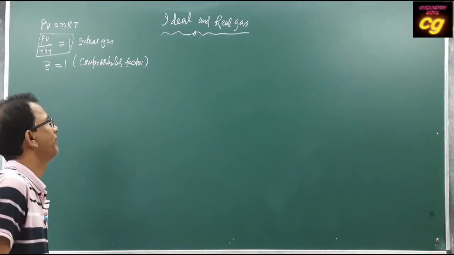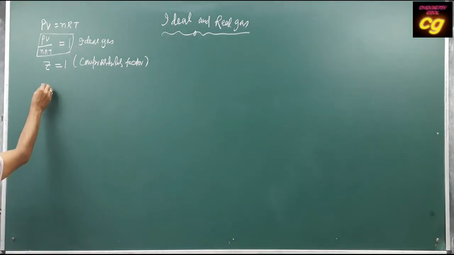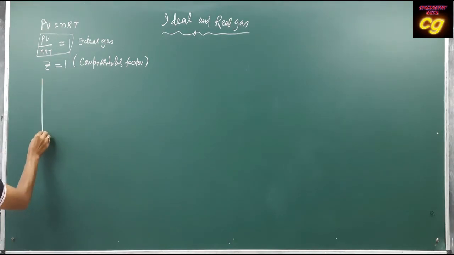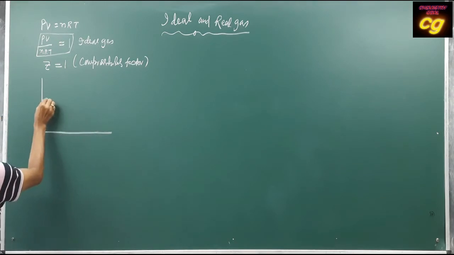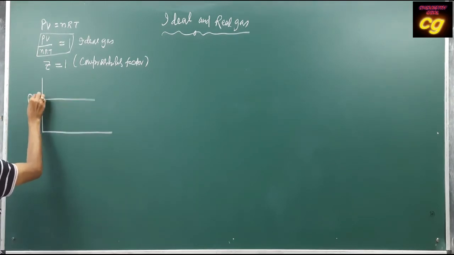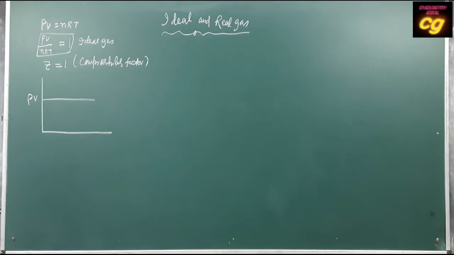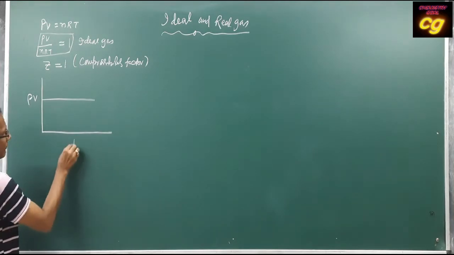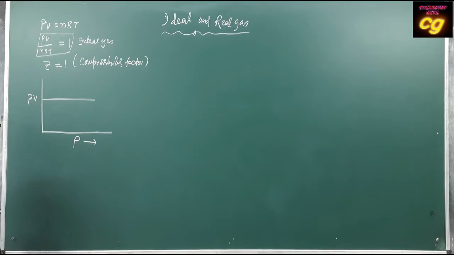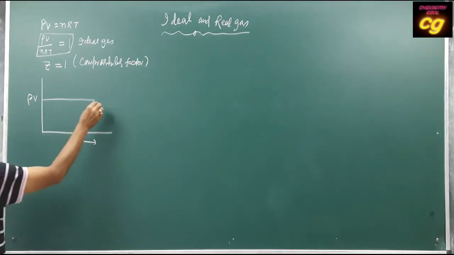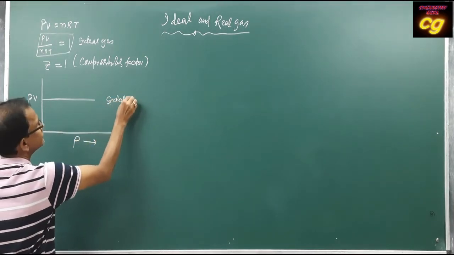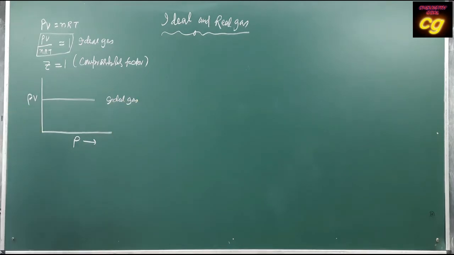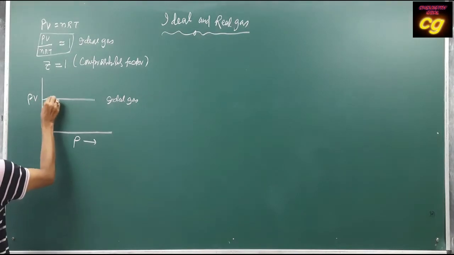Compressibility factor is 1. But if you draw a graph, this is the graph for the ideal gas equation, PV versus P. This is your ideal gas. But it is observed that some gases like helium and hydrogen, the helium graph will be like this.